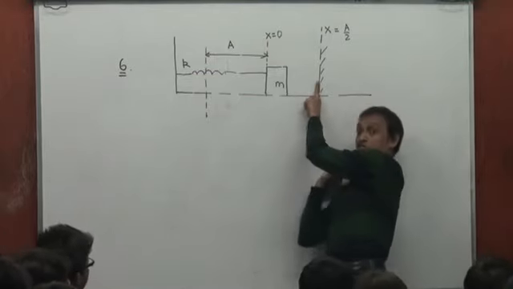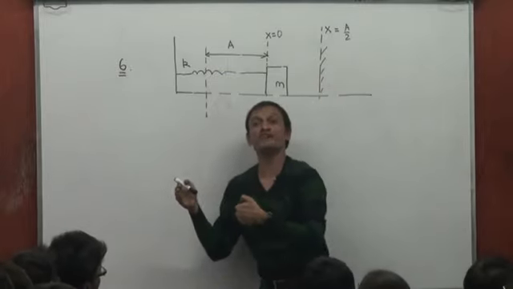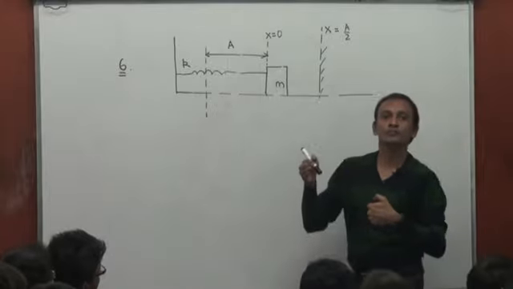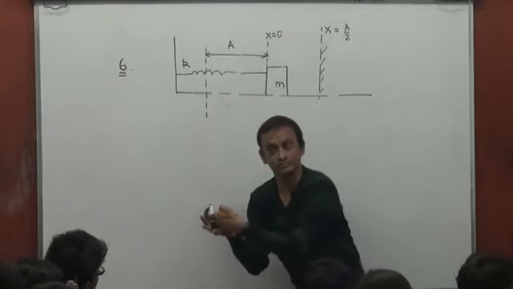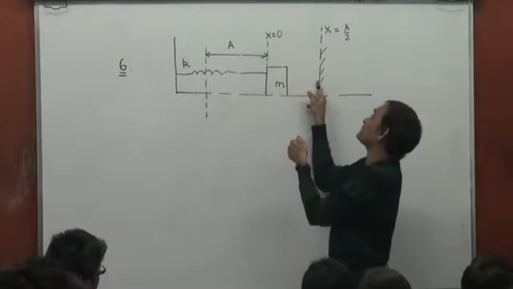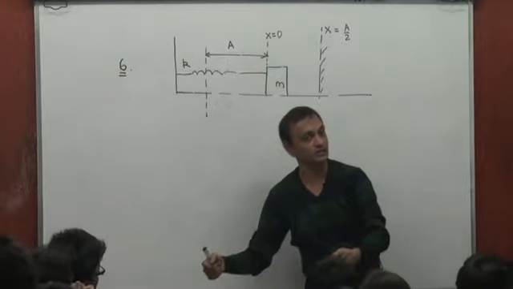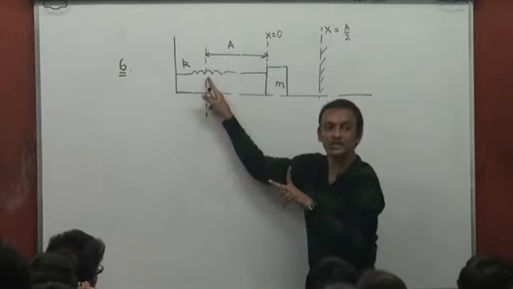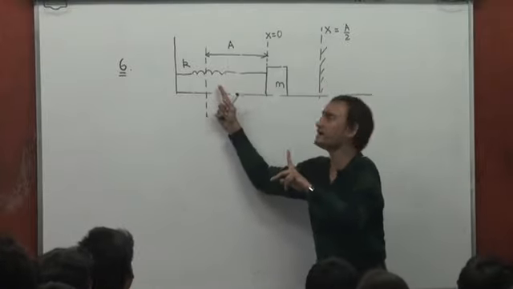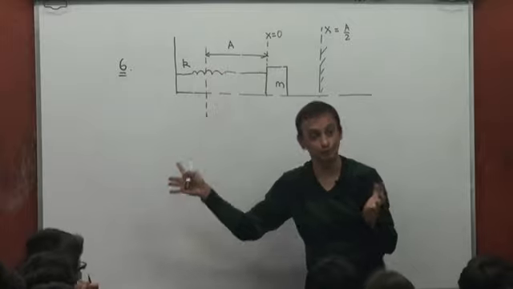But then it encounters this wall, undergoes a perfectly elastic collision, and its journey to the right gets prematurely curtailed. The velocity with which it hits is the velocity with which it rebounds, because it's a perfectly elastic collision, right? And then it goes to the leftmost extreme, and then reciprocates between x equal to minus A to x equal to plus A by 2, right?